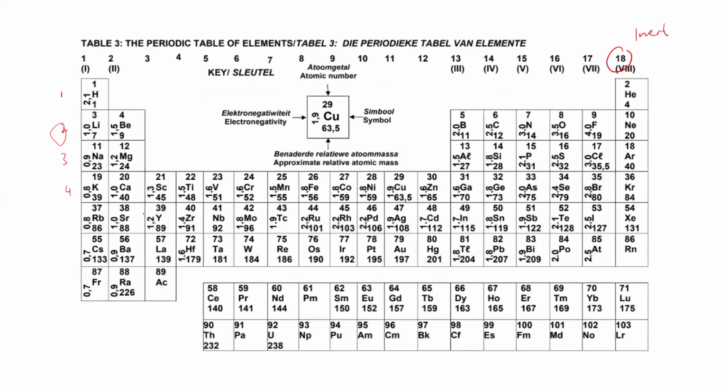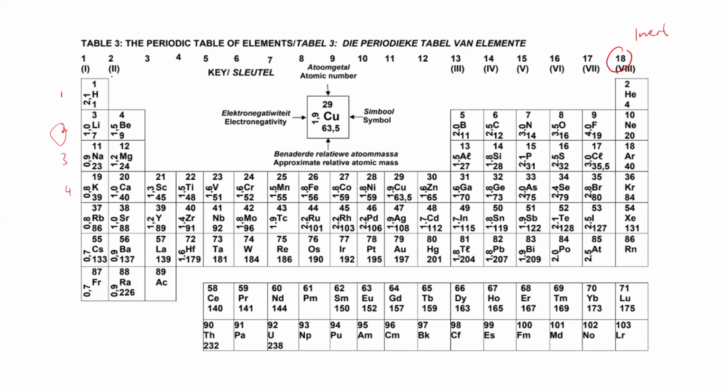So you go back to your periodic table, we have hydrogen, lithium, sodium, potassium, and so forth. These atoms are in group 1, meaning they have 1 valence electron. And then the group 2 elements, beryllium, magnesium, going downwards, these elements are found in group 2, meaning they have 2 valence electrons.